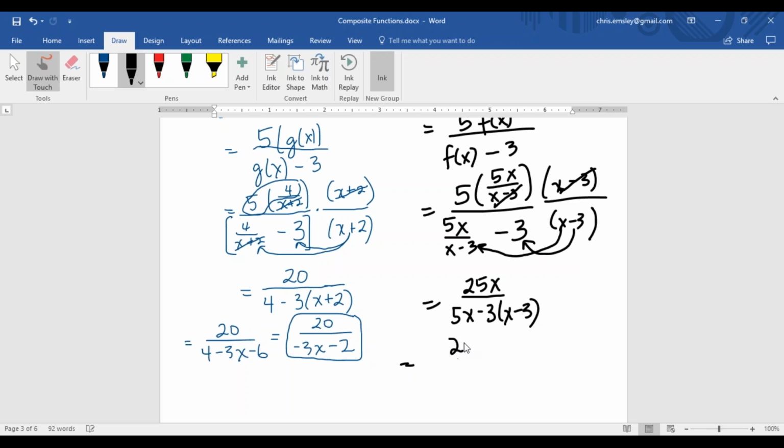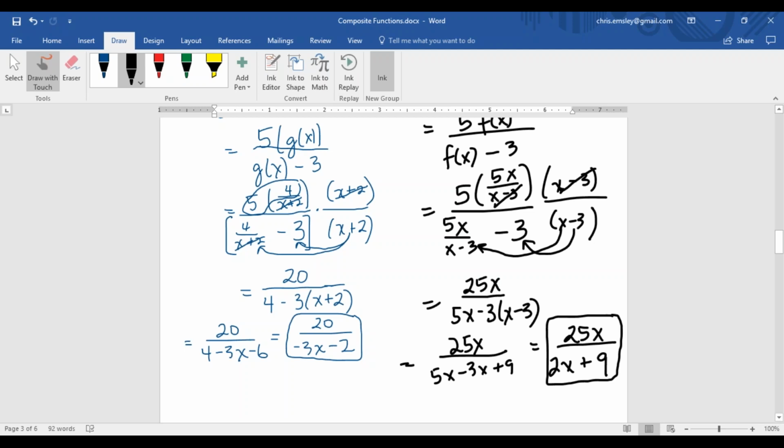Go ahead and distribute on the bottom. And finally, we can combine those like terms. 5x minus 3x leaves us with 2x plus 9. There is our composite f of f of x.